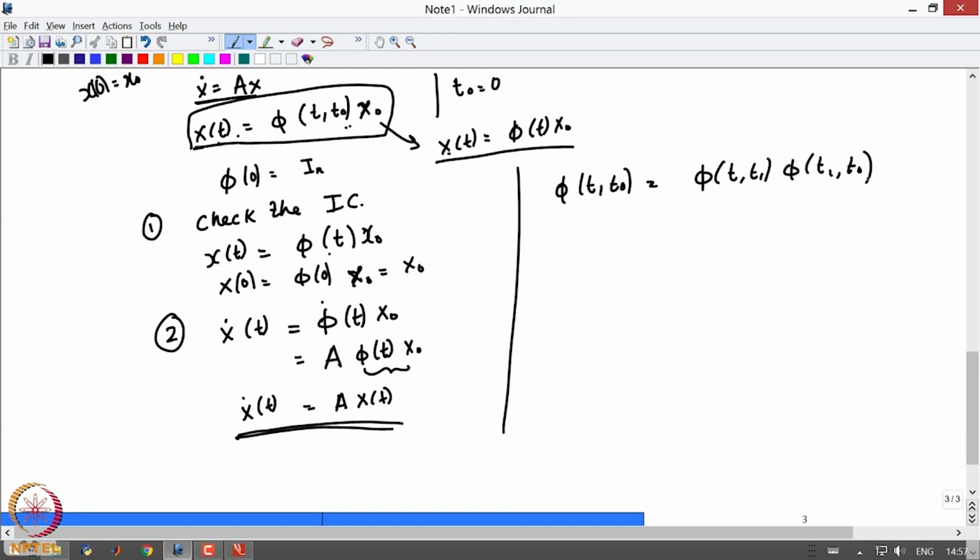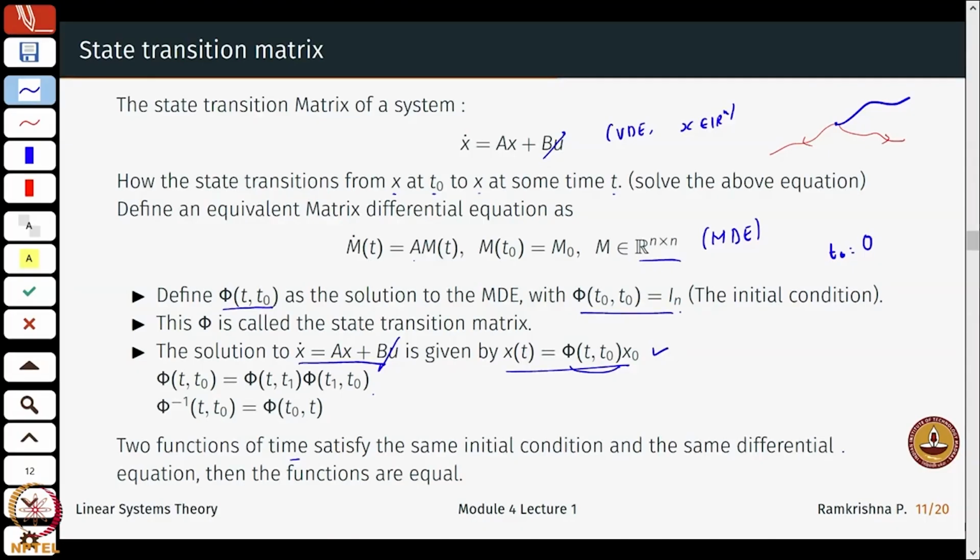Okay. So, again phi is a solution. So, let us just check if the left hand side and right hand side satisfy the same initial conditions and the same differential equations, and then I exploit this statement, right. So, if two functions satisfy the same initial condition and the same differential equations, then essentially the functions are equal.